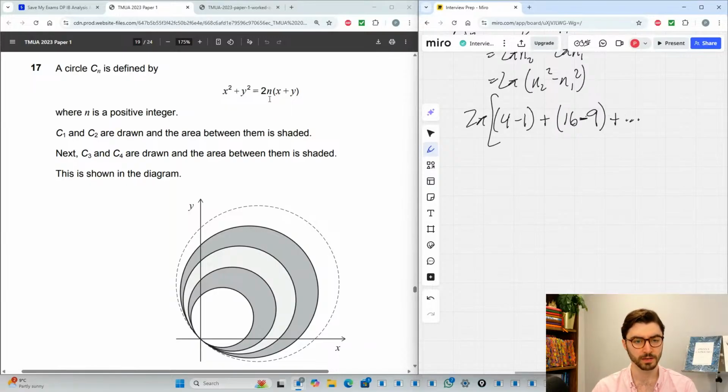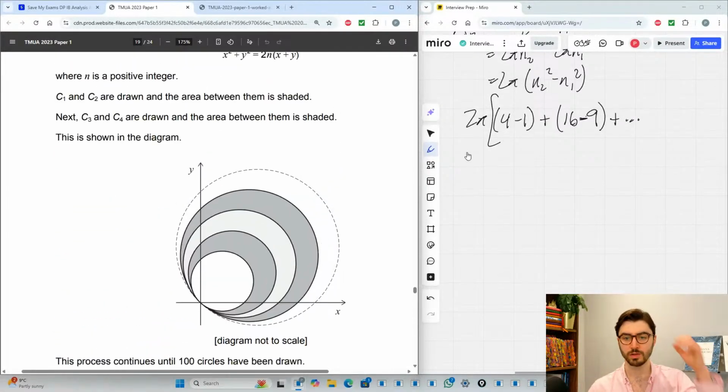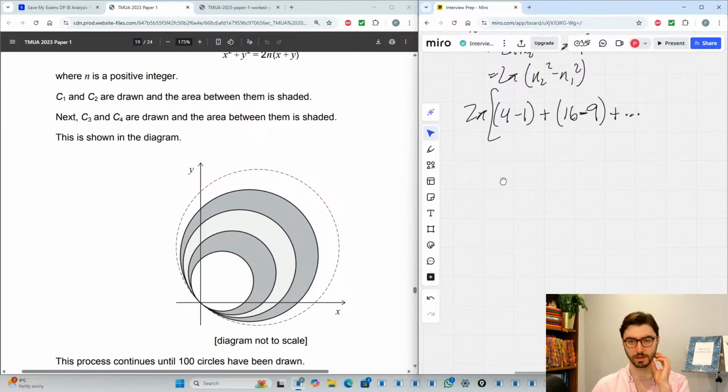So it's the squares, and it's all the way up to 100 circles. Do I know the sum of the squares? So it's the sum of all of the even squares minus the sum of all of the odd squares up to 100.